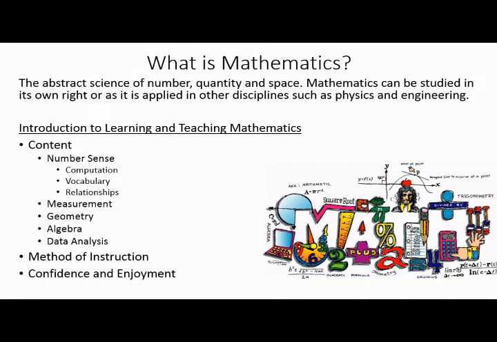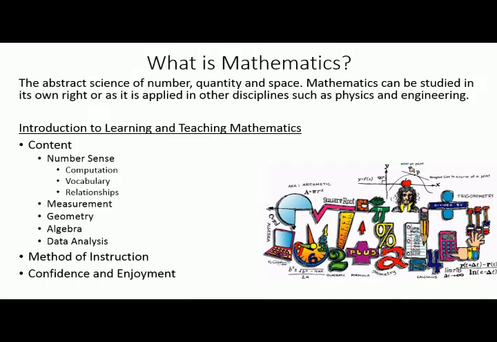The major content areas of mathematics are data analysis, algebra, geometry, measurement, and number sense. And when we think about number sense, some of the main areas I suggest people focus on is computation, the vocabulary of math, and also the relationships that exist between numbers.